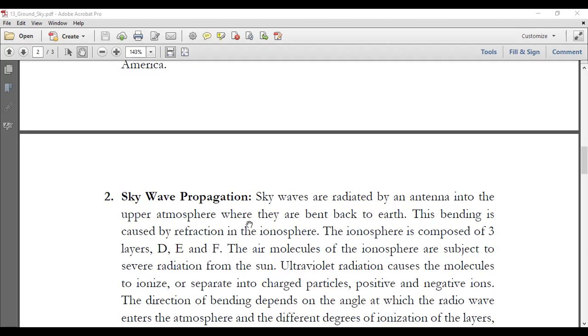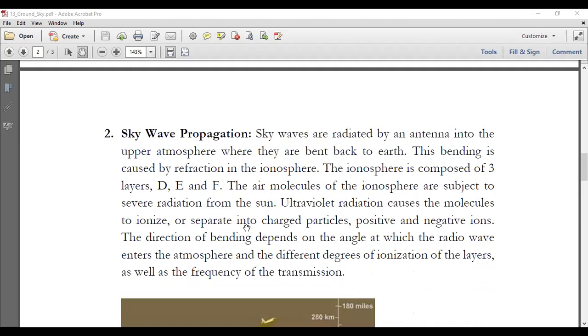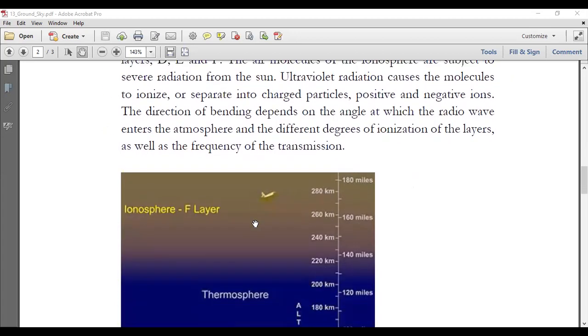So when the local media was not allowed to convey the right message, two stations, these are BBC and Voice of America. So from USA and from England, there were transmissions and we could hear. How was that possible? Using skywave propagation.